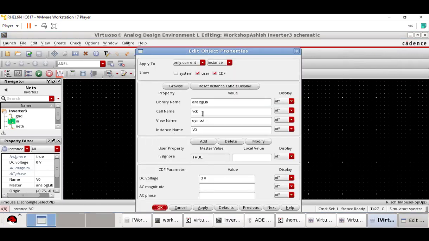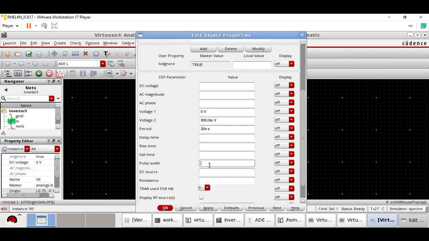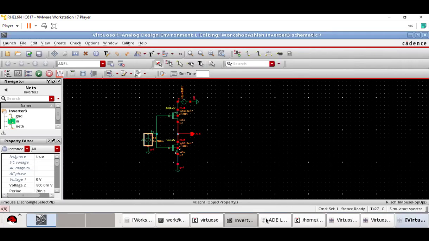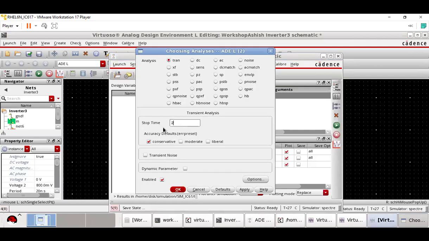We are going to give a pulse from 0 to 0.8 with 20 nanosecond period and 10 nanosecond width. Since I told you that I'll be running it only once, I'll do it for 20 nanoseconds.